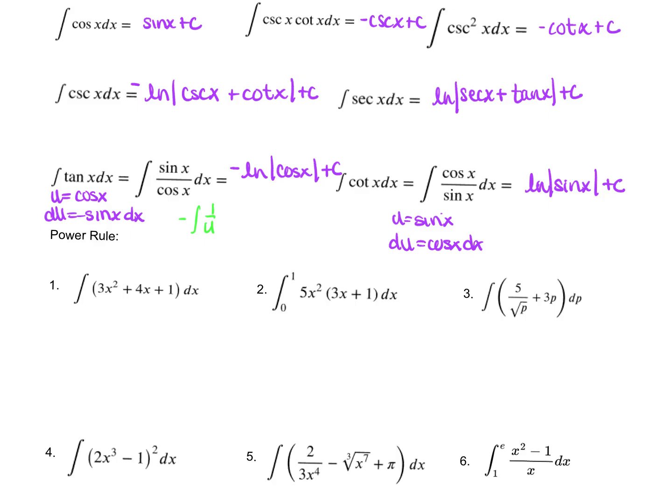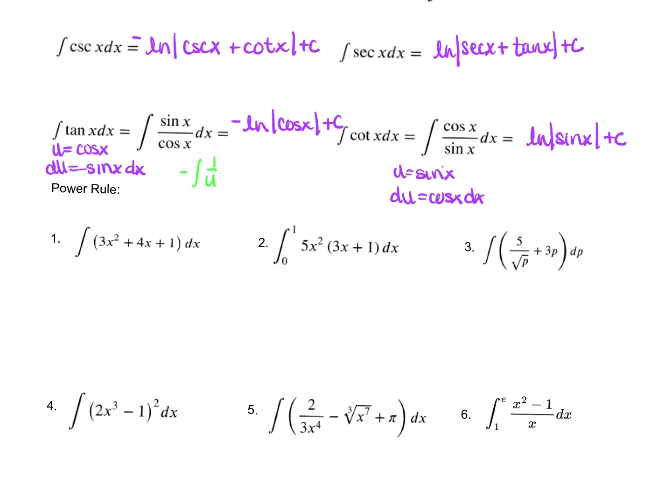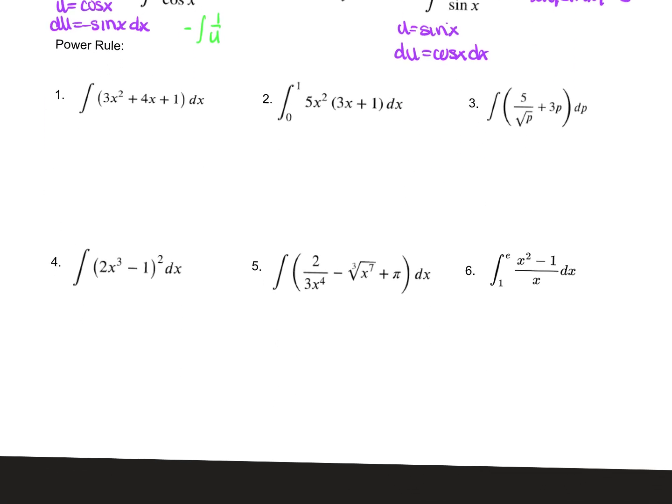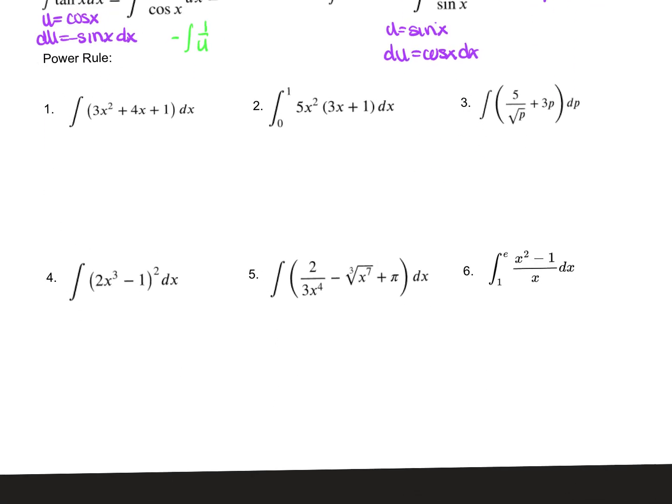So looking at number 1, there is nothing being multiplied, there is nothing being divided, so it's just a straight up power rule. So each time this was x squared, so the power is going to go up to 3, and then we're going to divide by the new power. Here the power of x is 1, so we're going to add 1 to the power, divide by the new power.